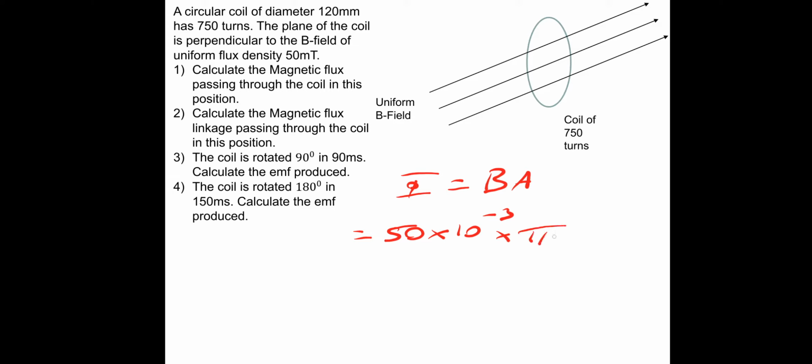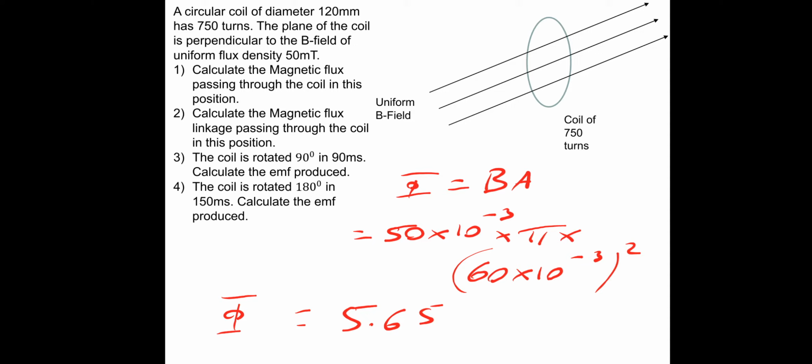So pi times the radius, which is 60 millimeters, so 60 times 10 to the minus 3, and then square that value. You put that in your calculator, and that'll give you a flux equal to 5.65 times 10 to the minus 4 Weber. Let's do part 2.